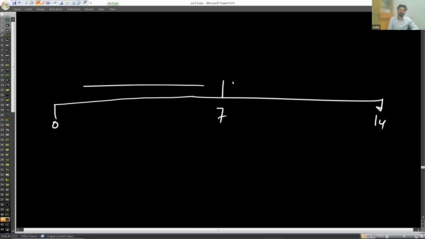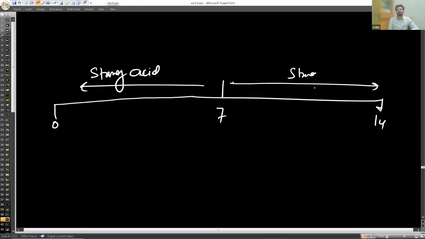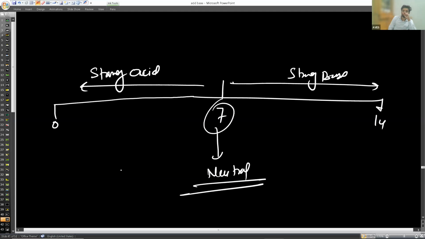Here this indicates strong acid, as we move away from 7. Here this is strong base, and at 7 we have neutral: no acidic, no basic substance.